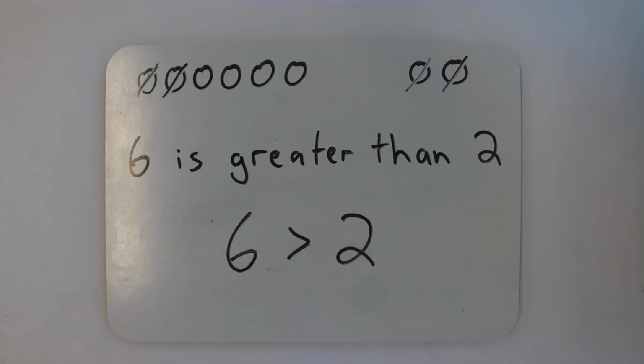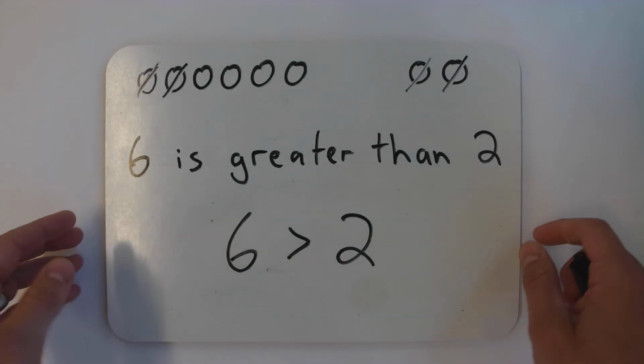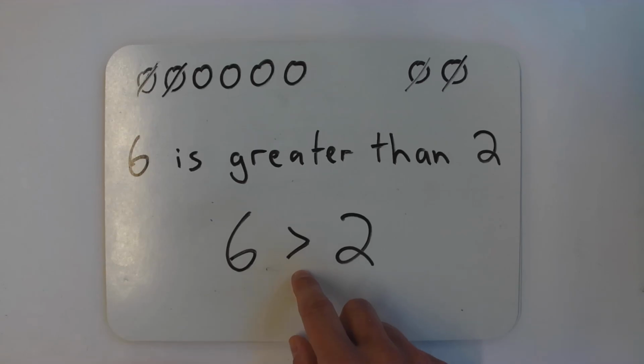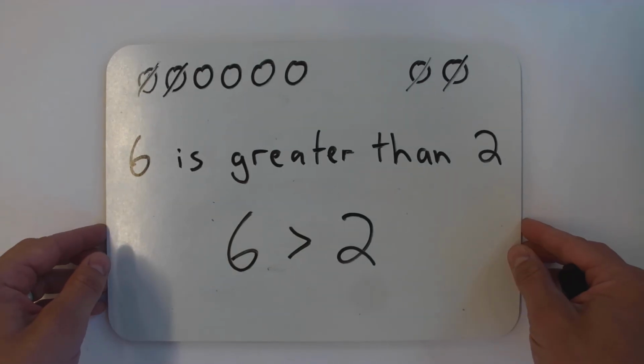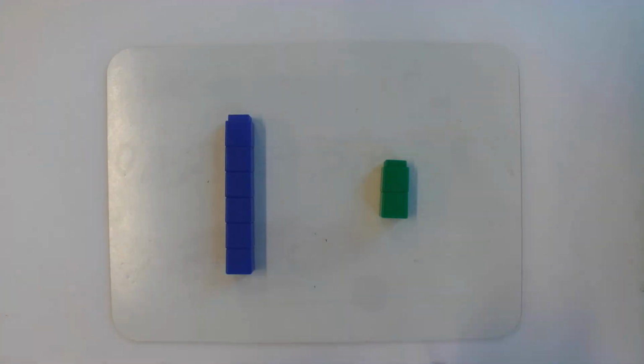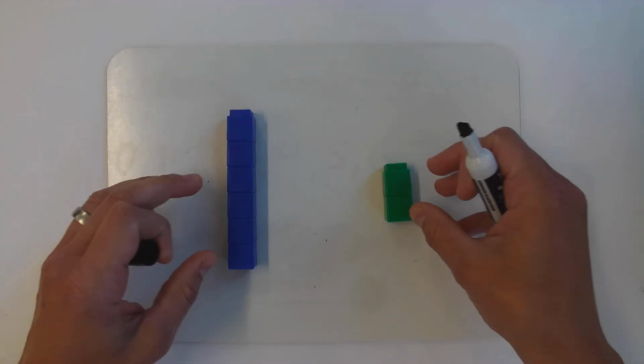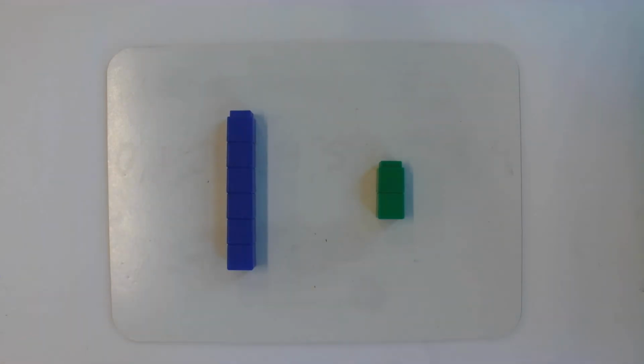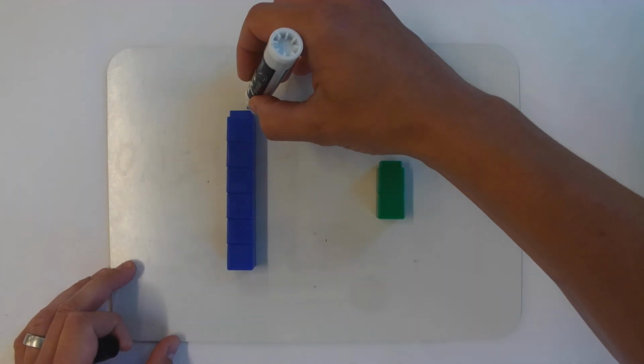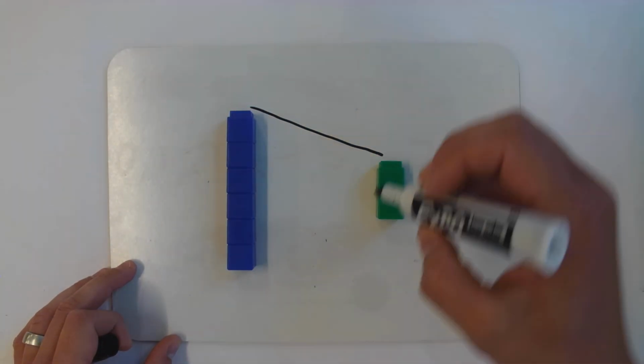I do want to show one way we can use those connecting cubes to help explain the meaning behind the greater than and less than symbol. This explanation is going to be a little different from the crocodile teeth one. It's more related to the actual idea of quantity. We have 6 compared to 2, and we're just going to connect these top lines to compare these quantities.